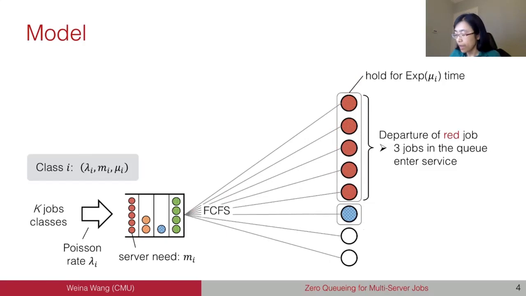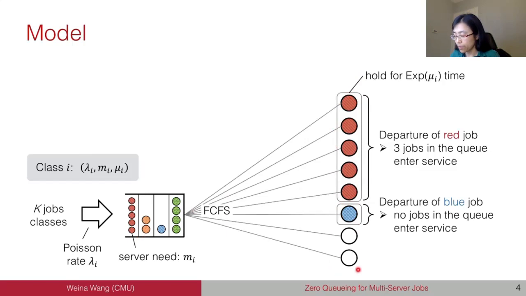On the other hand, if the blue job departs, then the number of available servers is 3. That is still not enough to serve the green job, so no jobs in the queue enter service when the blue job departs. There is a jitter effect here, and it makes the queuing dynamics quite complicated to analyze.